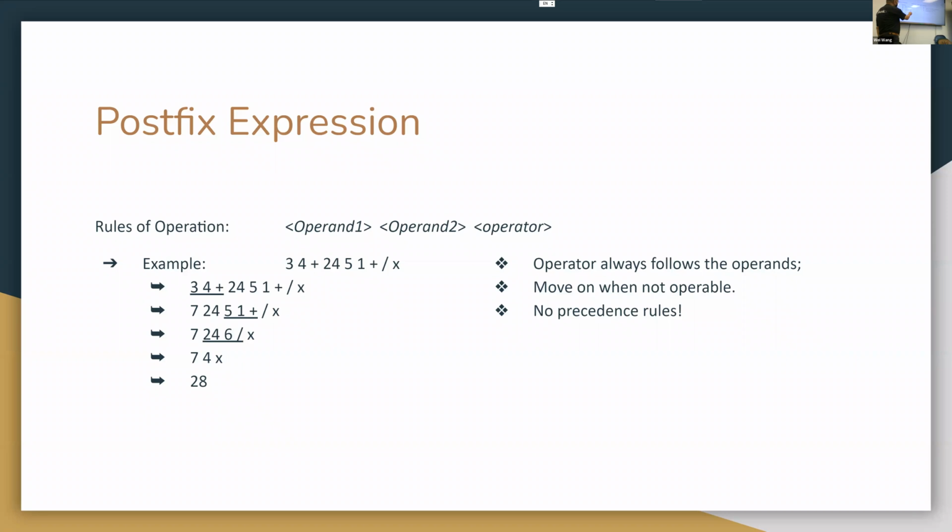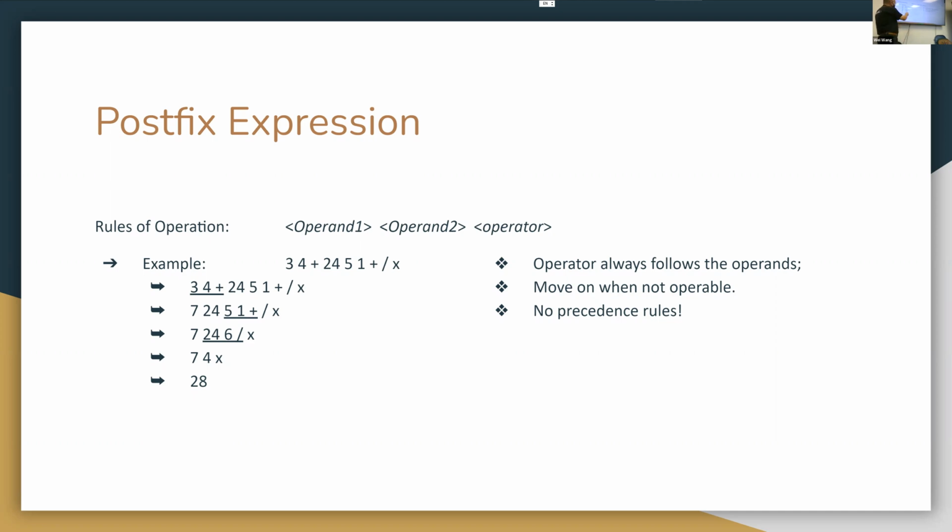And then in this expression, where we have a situation like that, it is 5, 1, and then addition. So we can evaluate that, and it becomes 6. And then in this expression, where we have operand operator, it is 24, 6, and division.